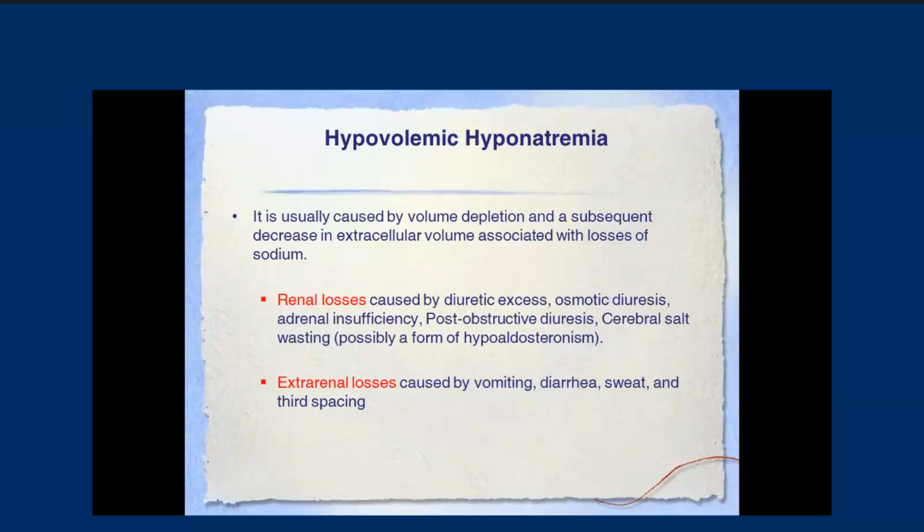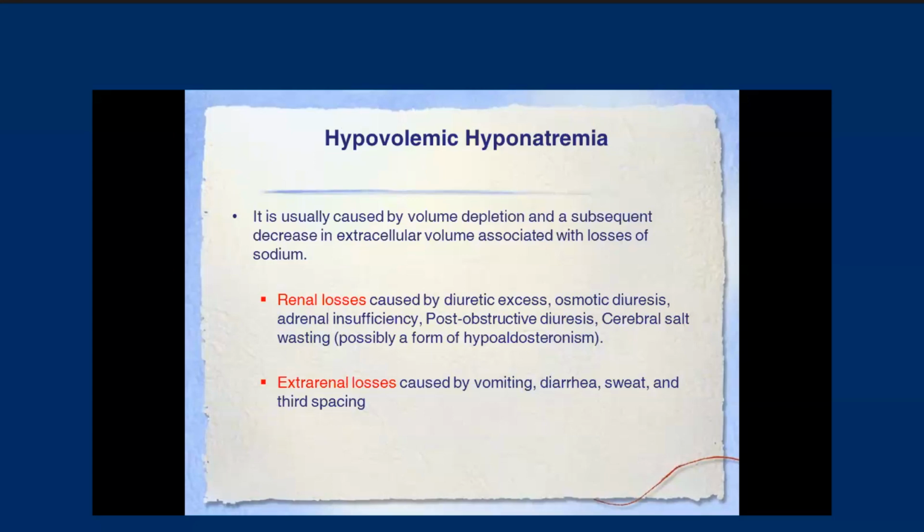Non-renal causes include vomiting, diarrhea, and third space losing, which result in markedly reduced effective circulating blood volume, which is subsequently sensed by the baroreceptors, and there will be a release of ADH, which will result in hyponatremia.